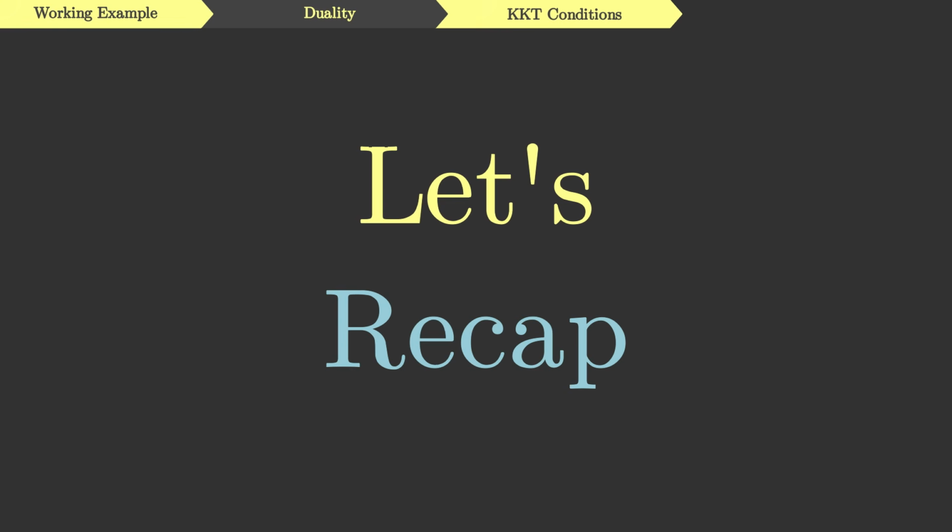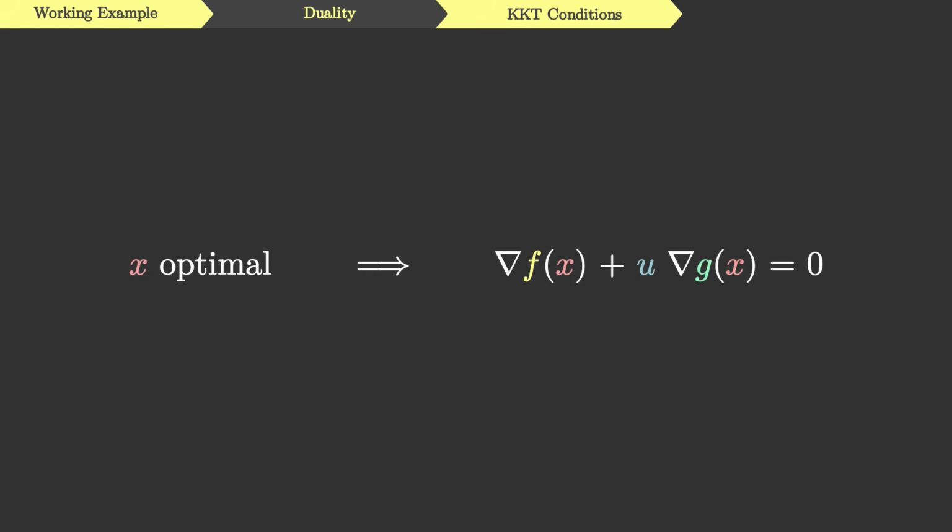At this point, it is a good idea to recap what we have just seen. We have seen that if x is an optimal solution, then it should satisfy this gradient condition. And you might wonder if this condition is also sufficient, in the sense that if for some point x you succeeded in finding a scalar u that makes this condition hold, then that makes x an optimal solution.